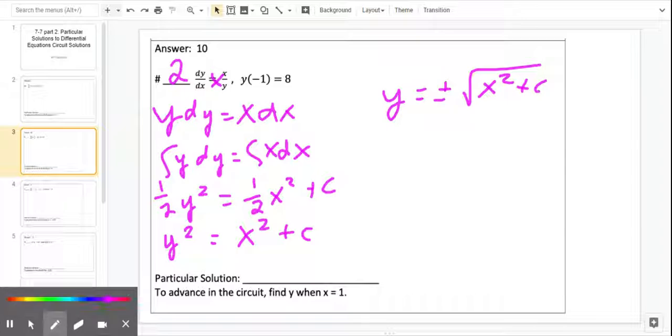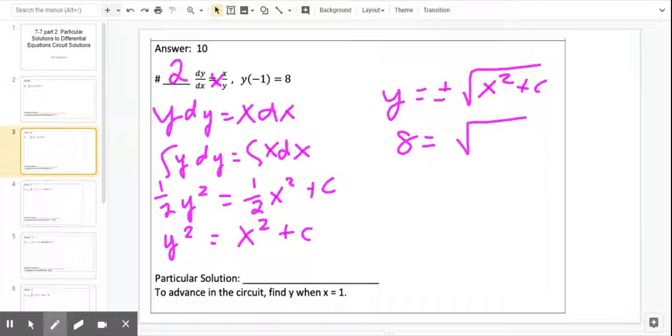So our particular solution, it tells us that y of -1 is equal to 8, which means we're just dealing with the positive square root because that's positive 8. If it was -8, then that would mean there would need to be a negative out in front here because a square root is always positive. So we plug in -1 for x, and then we have 8 equals the square root.